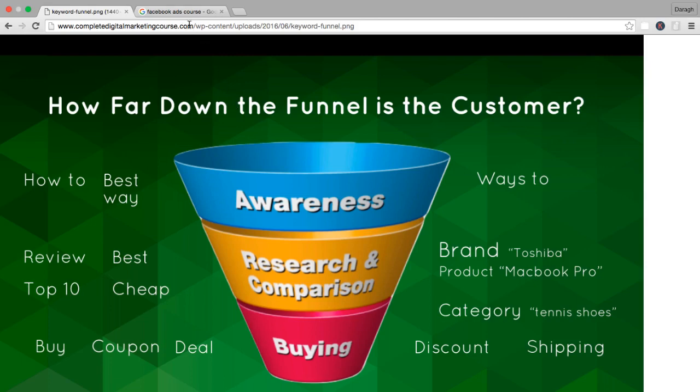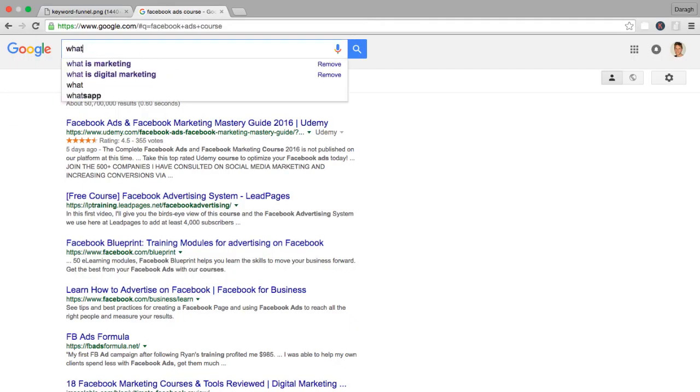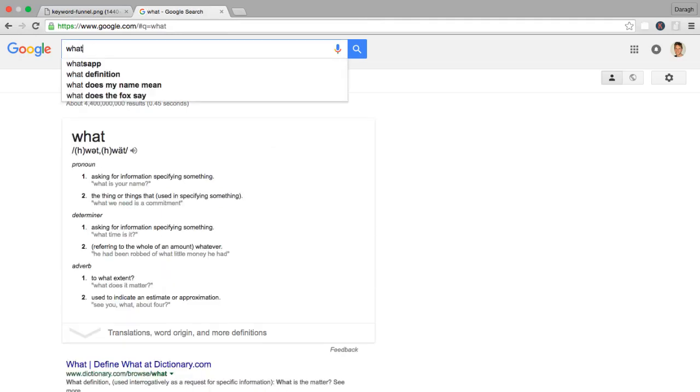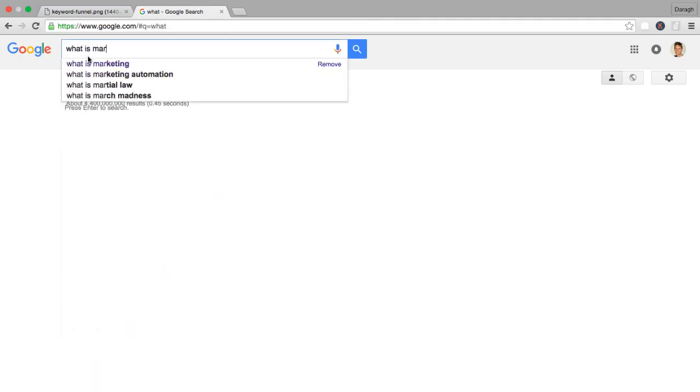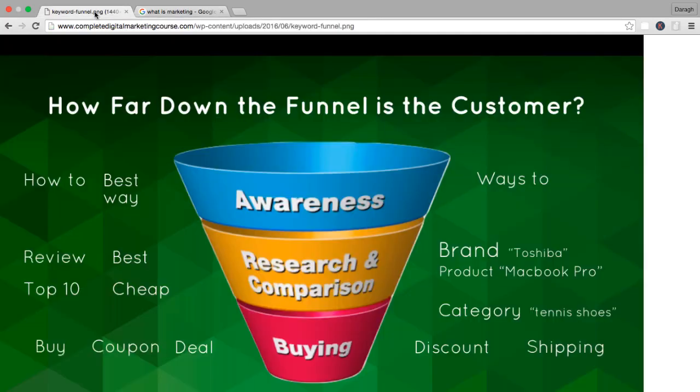Essentially what I'm saying is that visitors who search for something like "what is marketing" are going to be much higher up the search funnel. It's not that they aren't valuable in any way, but just be aware that if you're going after a search term as broad as that, they're right up at the top of the funnel.